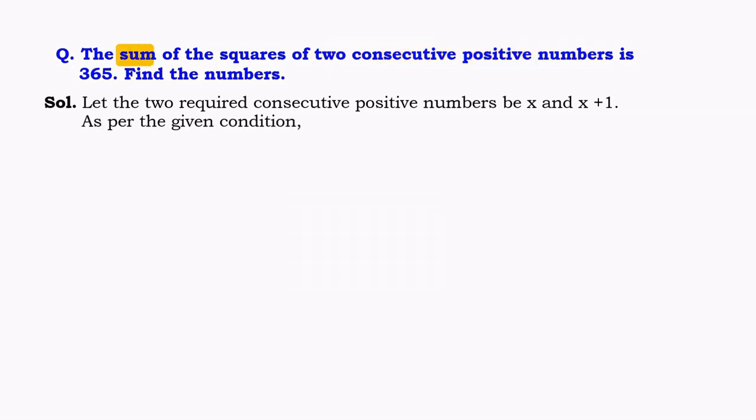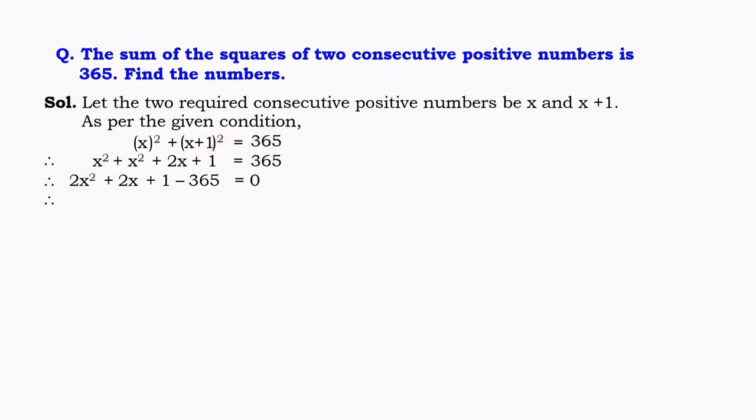According to the given condition, the sum of their squares is 365. Therefore, x squared plus x plus 1 whole squared equals 365. Expanding the expression, we get x squared plus 2x plus 1 equals 365.